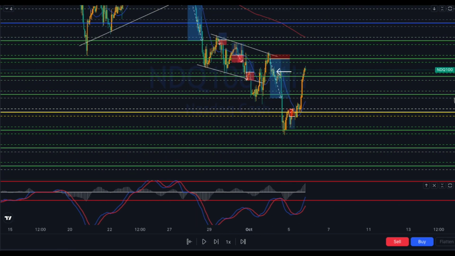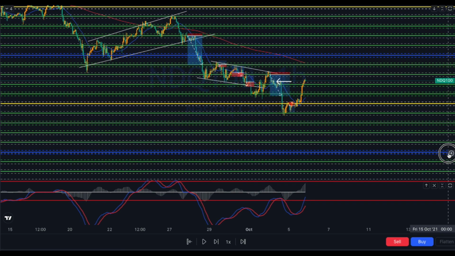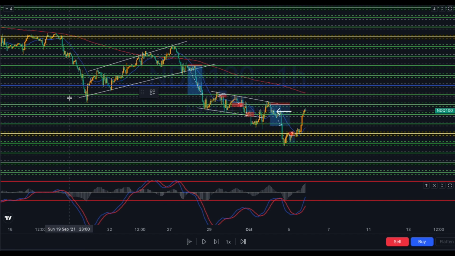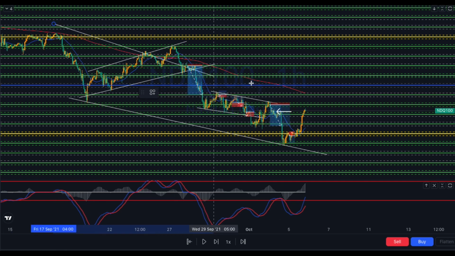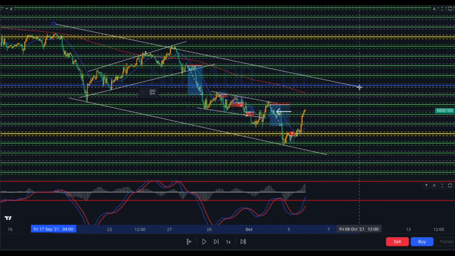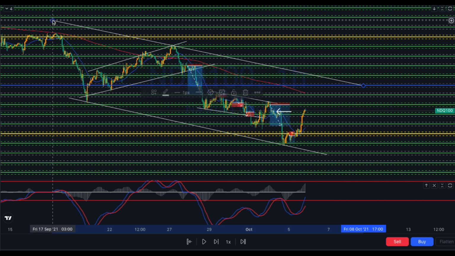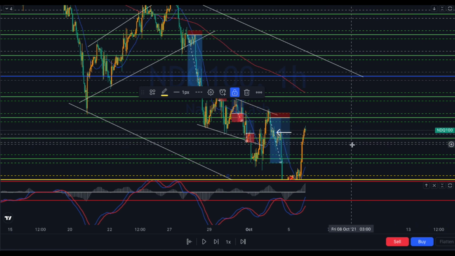I'm just going to zoom in now, see what we got. I actually should have marked out this area earlier. So now we have an idea what we're looking for.